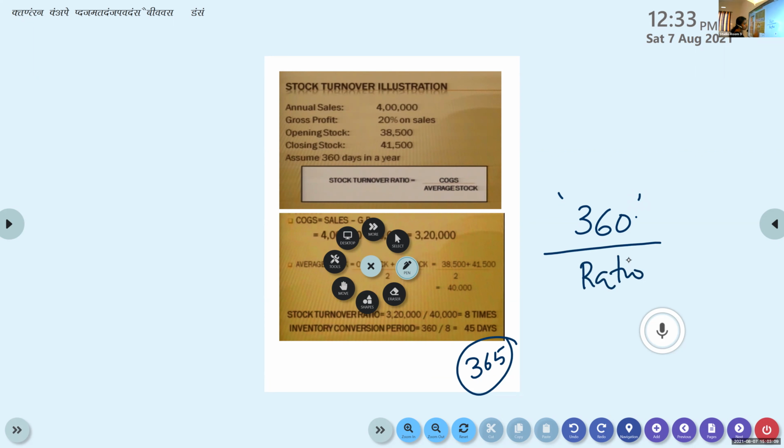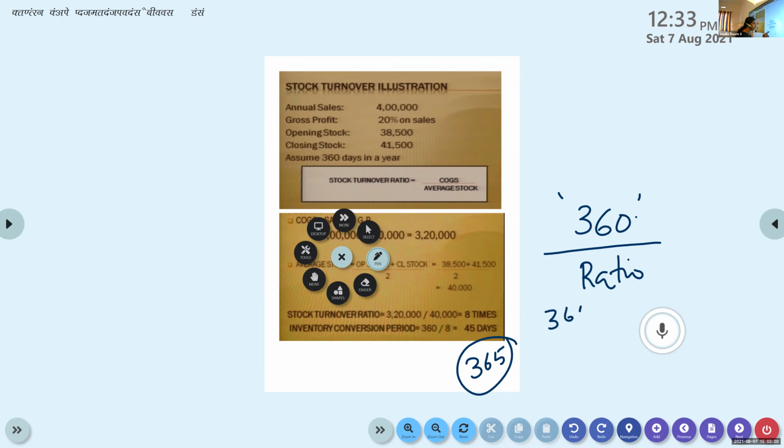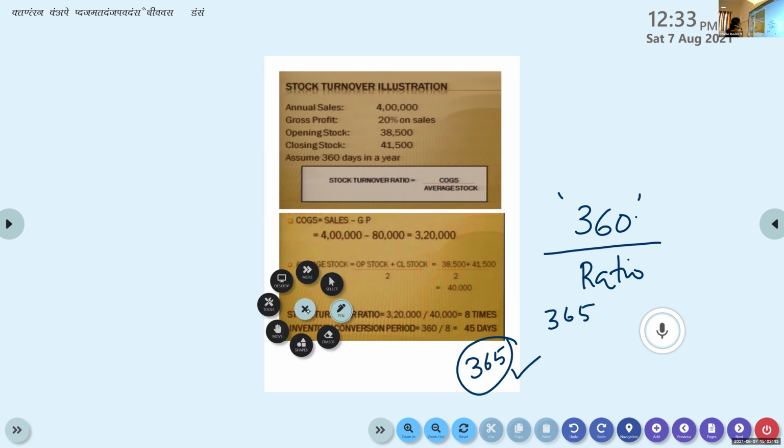If nothing is told and you are asked to just find the conversion period, you can express it as days, months, or weeks, no problem. If it is clearly mentioned, then you go for that. If nothing is mentioned regarding the number of days, you take 365 itself. As in this question, it is specified, 360 days in a year, so we will go for 360.